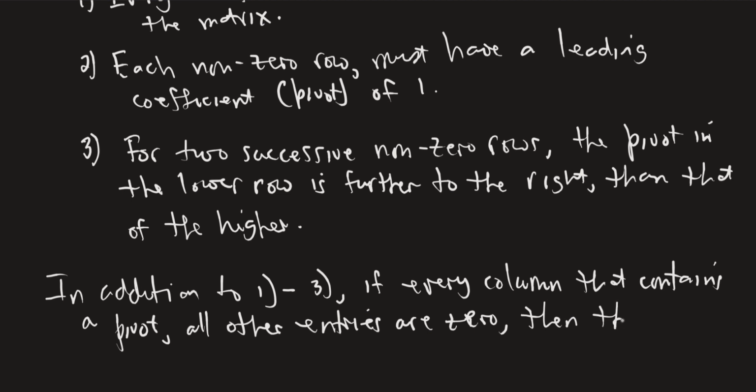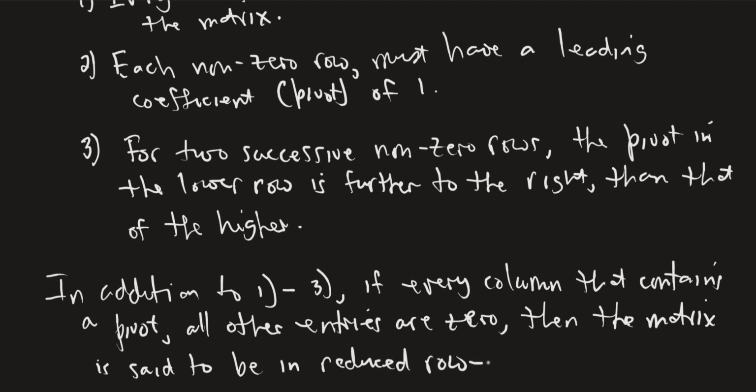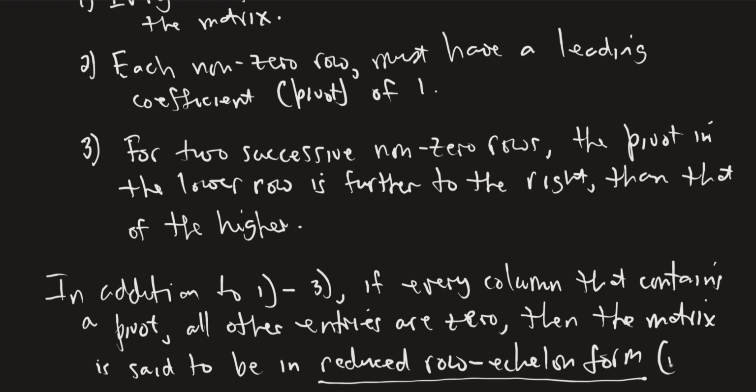then the matrix is said to be in reduced row echelon form, and that's abbreviated RREF.